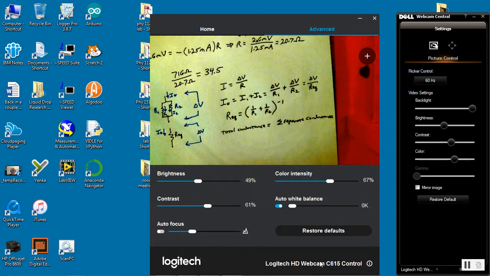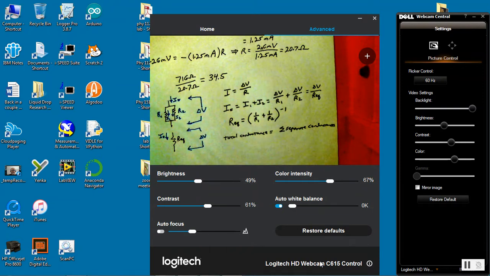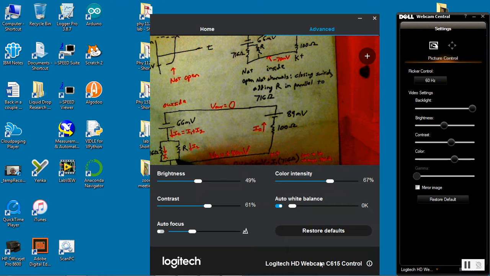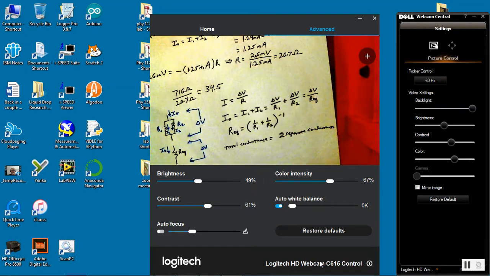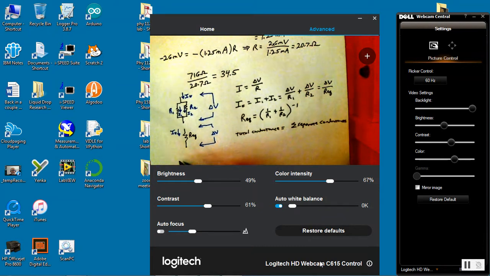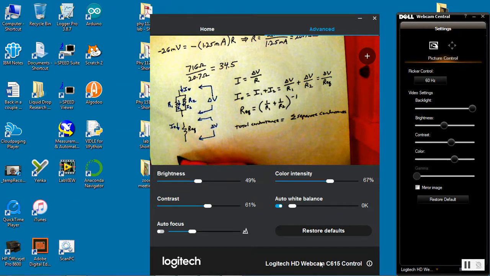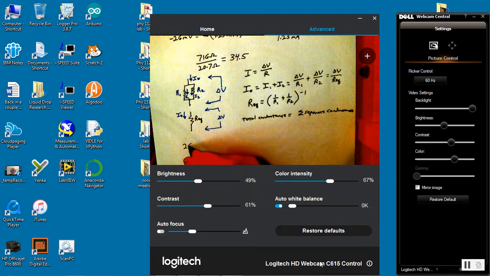For the circuit consisting of the parallels, we know that the voltage across here is 26 volts. 66 here, end up at 40. So the total voltage is 26 volts. Not worrying about the sign here because we're just using Ohm's law to get sizes of things.